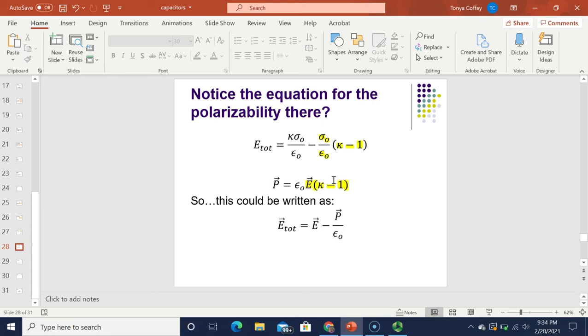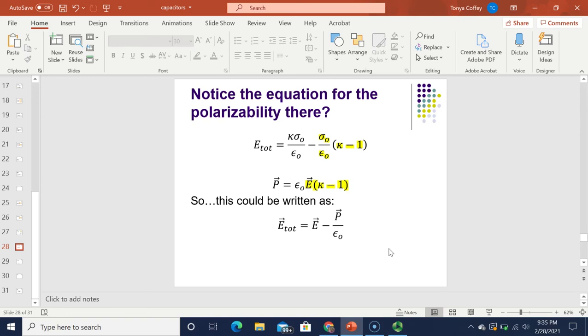Well, sigma naught over epsilon naught, that's your electric field, and there's your kappa minus 1. And so all I would have to do is multiply that times epsilon naught, and there I have it. So I could write this as my total electric field is equal to the applied electric field minus the polarizability over epsilon naught. This is a fundamental equation that you often see in upper level electricity and magnetism courses.